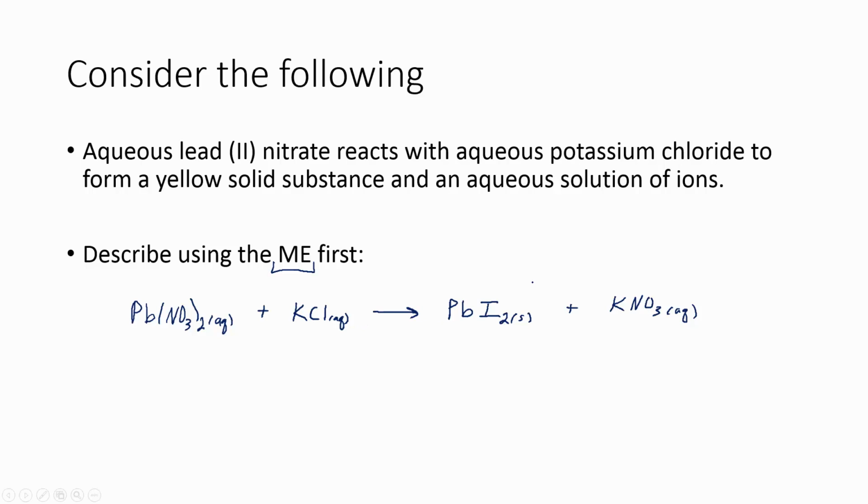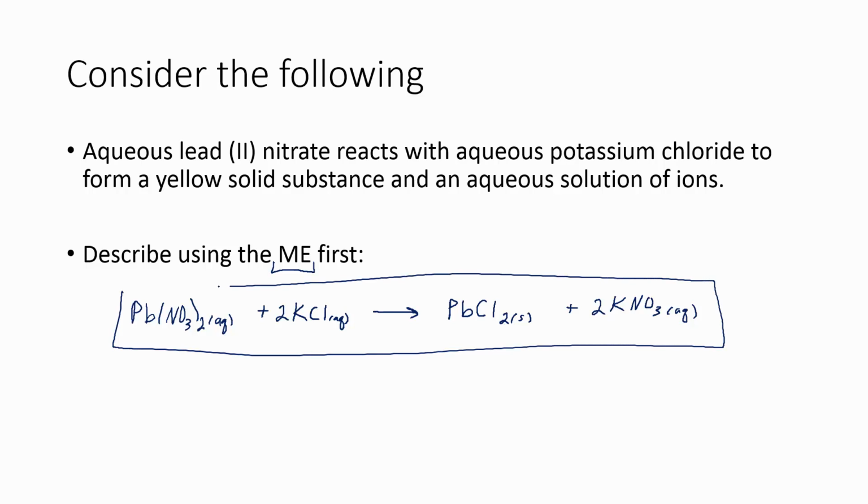Where did I get iodine from? Excellent. There we go. Alright, so 2 chlorines and 2 chlorines, 2 potassiums, 2 nitrates, 2 nitrates, 1 lead and 1 lead. Okay, so here's the balanced molecular equation.